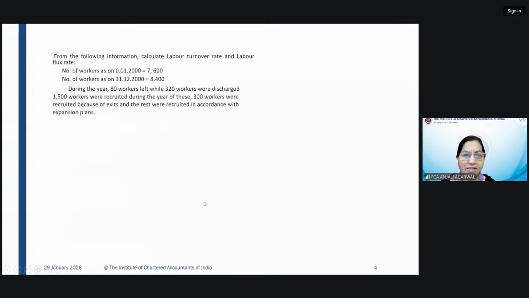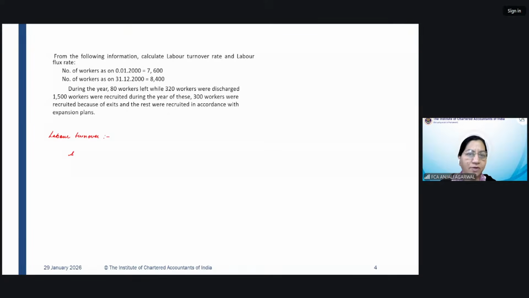Before I begin, I'll just take a quick recap of one question on labor turnover. You can give me your inputs in this. We have to calculate the labor turnover rate and flux rate. It is said that the number of workers on 1st January is 7,600 and on the last day, 31st December, 8,400.